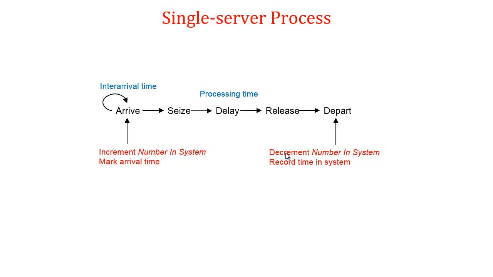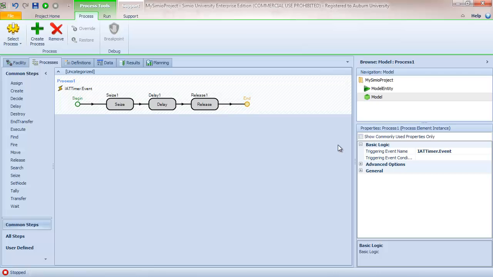So the thing that we're going to increment and decrement is a model state. So we have to define a custom model state to hold the number in system, and then we will assign the value here when it arrives, and then we will assign the value here when it departs, and then finally we will tell Simio that we want to track a state statistic based on that model state. So let's look at how to do those steps.